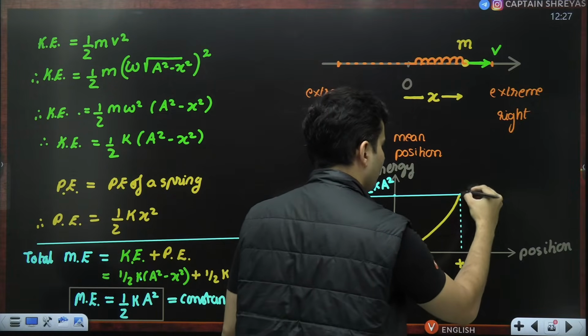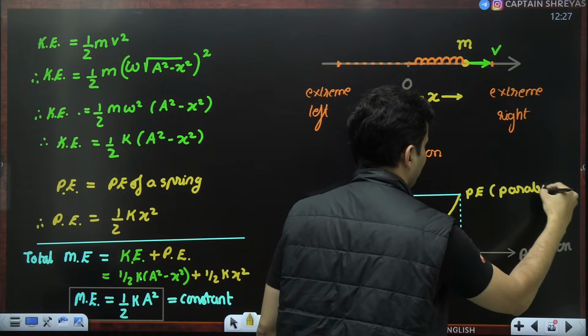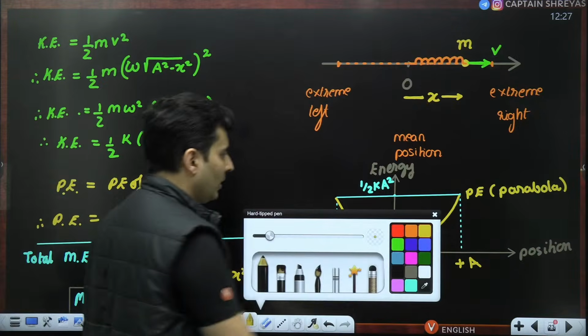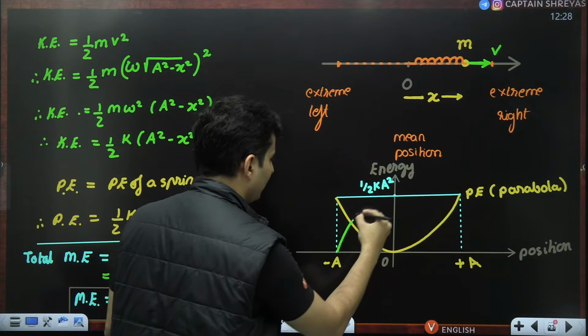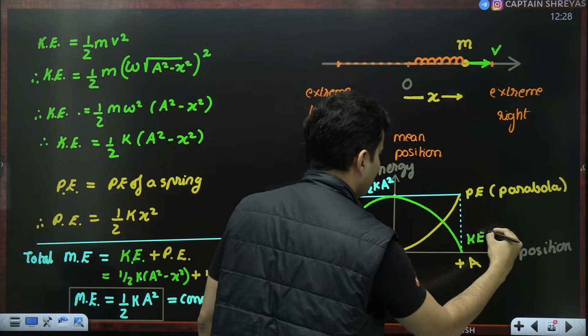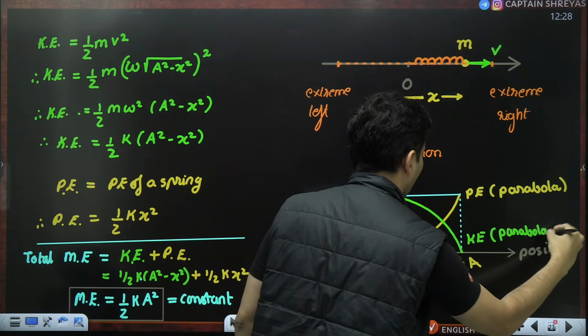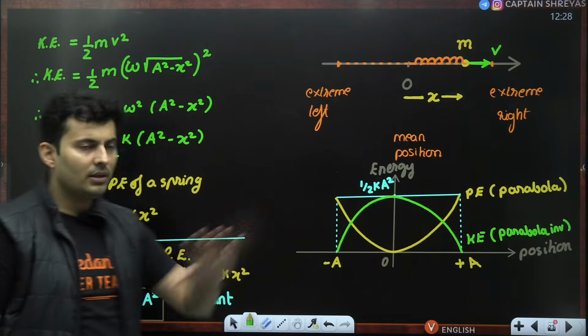This is your spring potential energy. It is a parabola again. Yes, because it is square term here, it is a parabola. And the kinetic energy graph, it's inverted parabola. So this one over here, this is kinetic energy. This is also a parabola. Inverted. Okay. So that's how the graphs will look like.